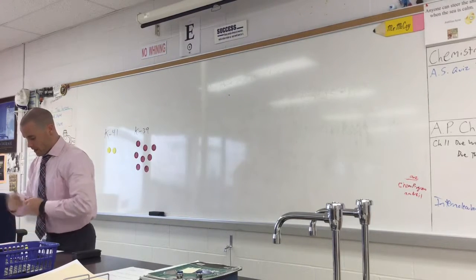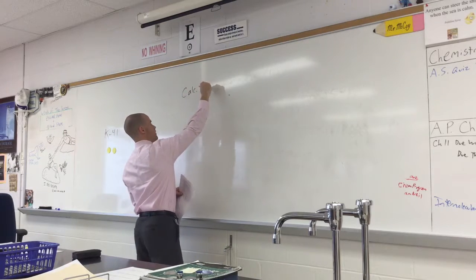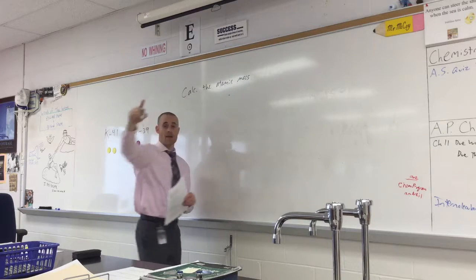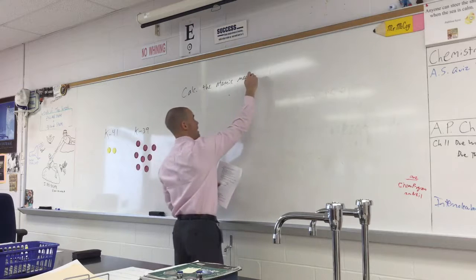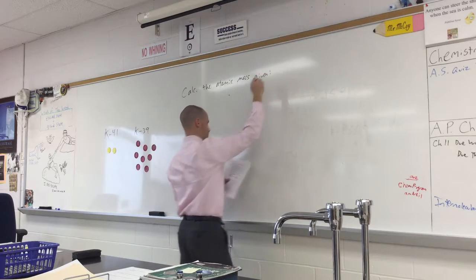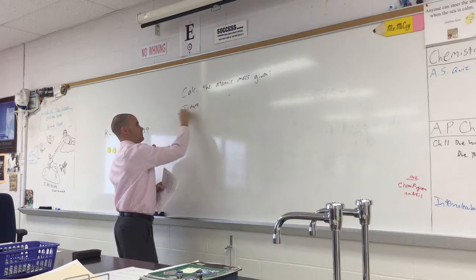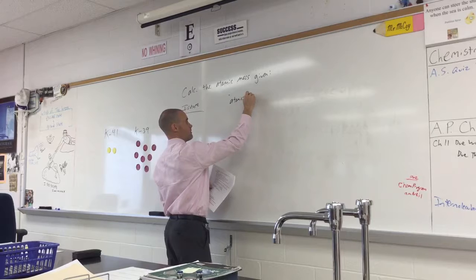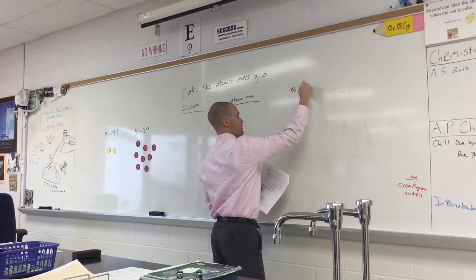So here we go. Calculate the atomic mass, because this is how all the atomic masses are calculated up there, at least the ones with decimal points. Calculate the atomic mass given the following: the isotope, the atomic mass, and the percent abundance.